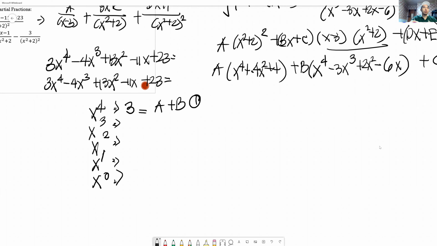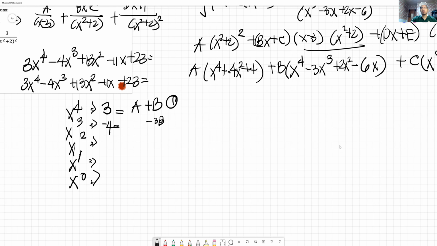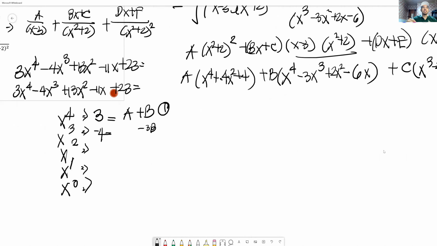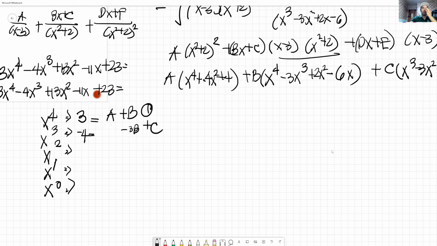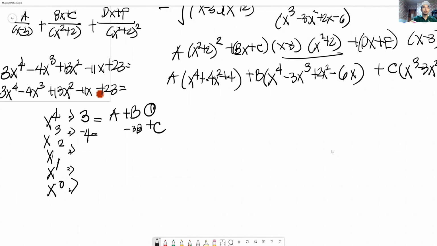So for x cubed, we have negative 4 equals negative 3b plus c. Okay, so those are the factors. Let's call this our second equation.